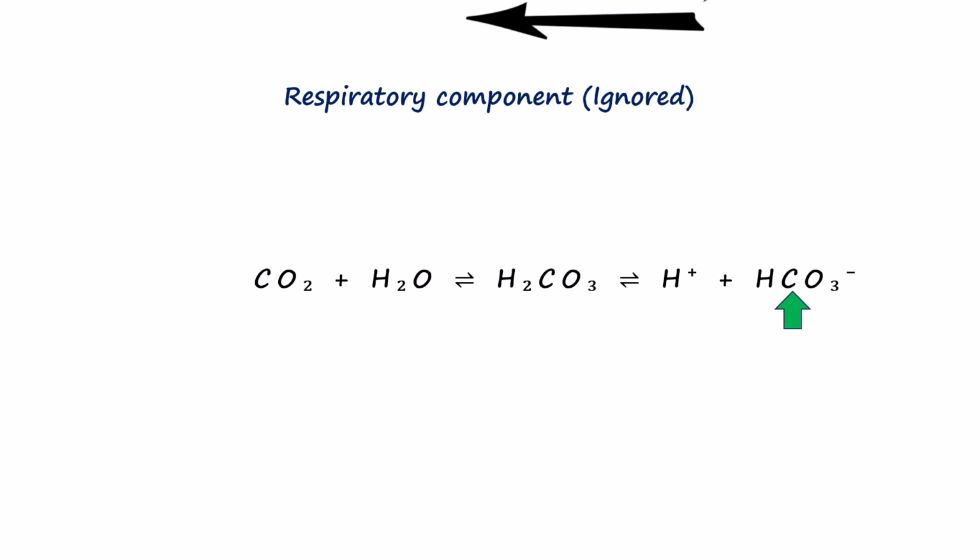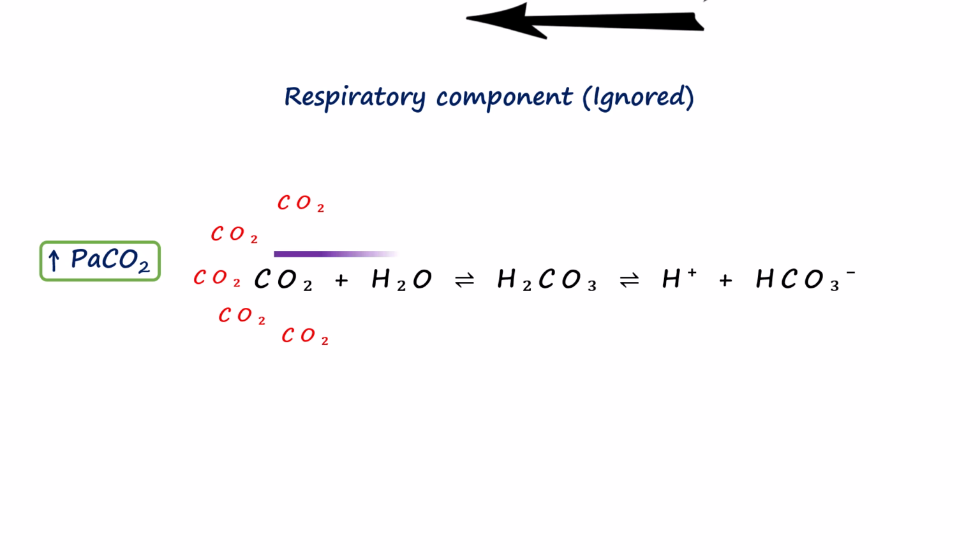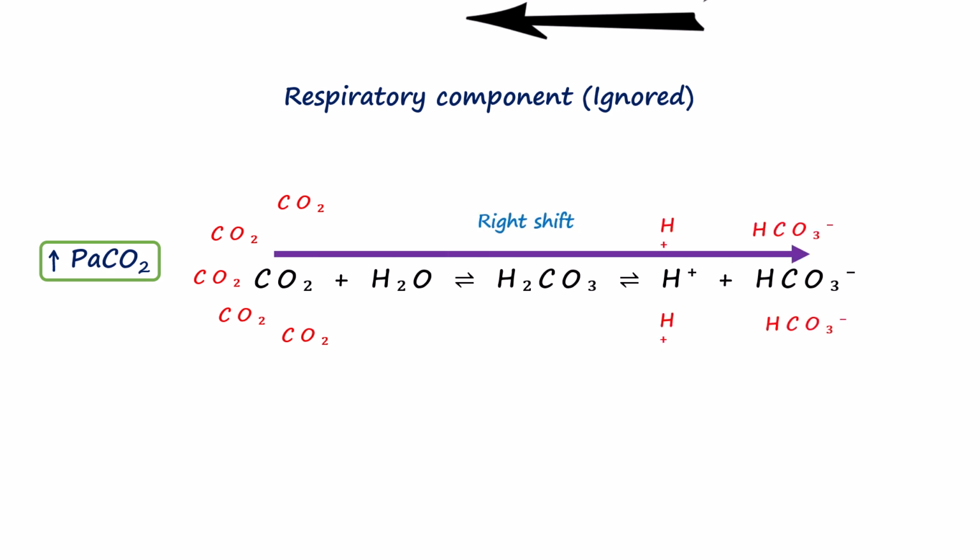For example, when PaCO2 increases, CO2 reacts with water to form carbonic acid, which then dissociates into hydrogen and bicarbonate. The pH can become low due to hydrogen ion accumulation, but the concurrent bicarbonate rise ensures that the pH is normalized because bicarbonate buffers hydrogen.